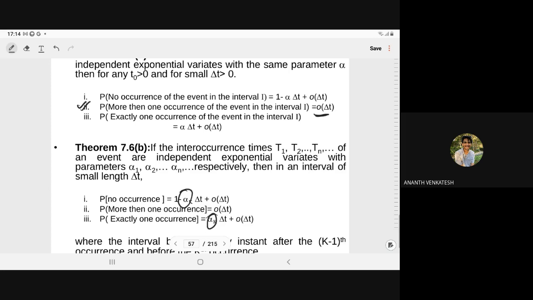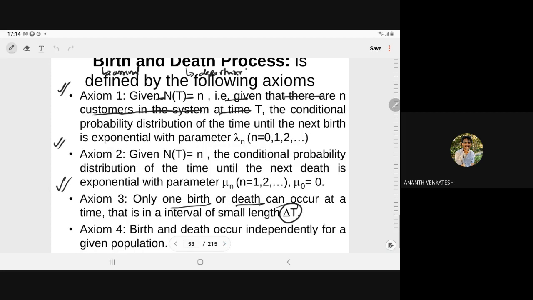Two events, one birth and one death, would be more than one event, which cannot happen. An axiom is an assumption which is always true and does not require any proof. Okay, sir. Understood.